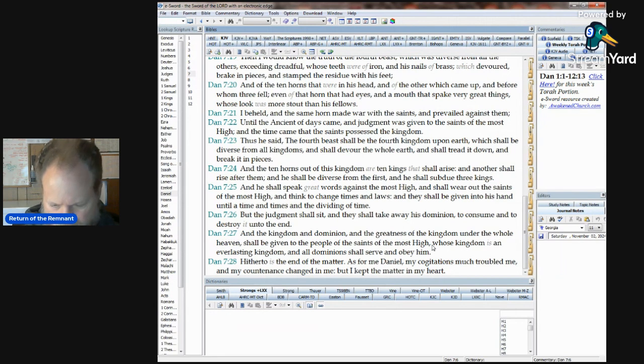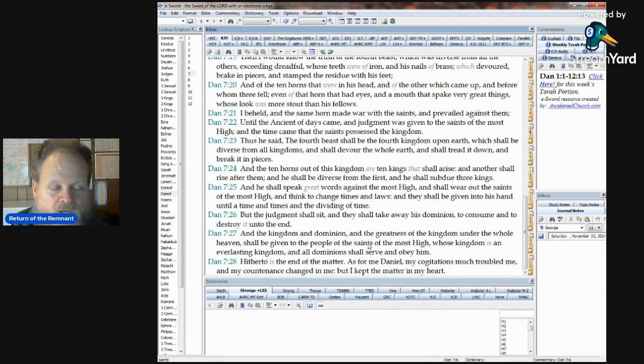So we just read in Daniel 7 that there were ten horns, which are ten established kings. So before the Antichrist comes up and rises to power, there has to be, in my opinion, ten kings that are established on this earth.